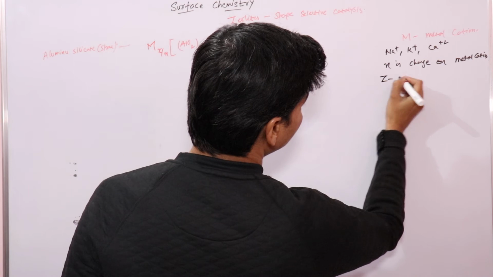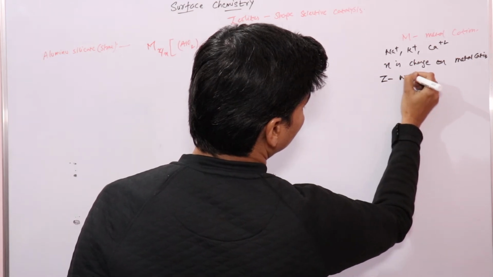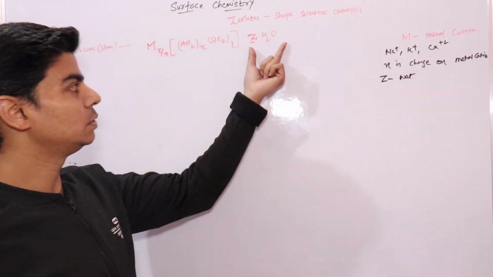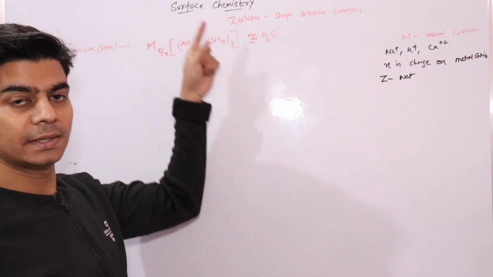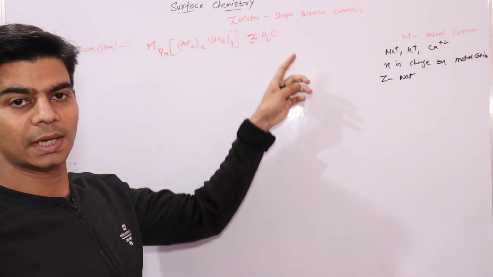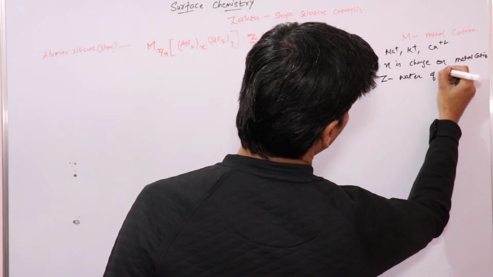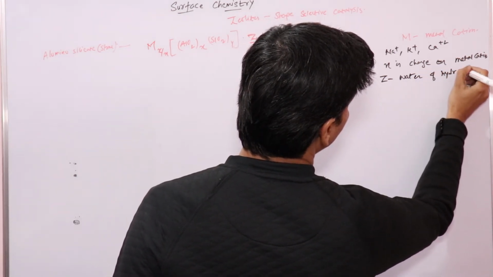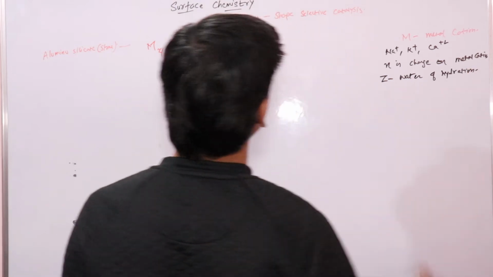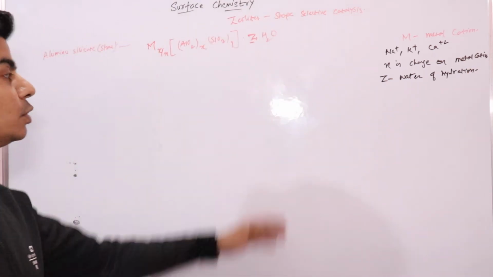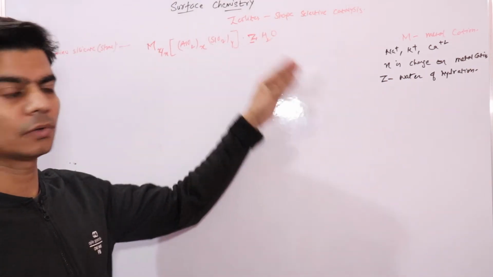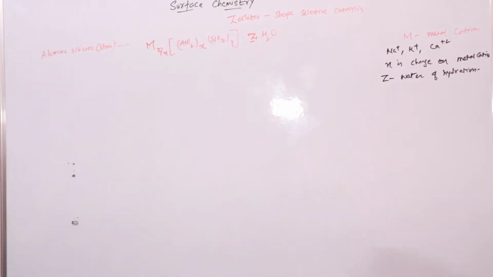Z is the number of water molecules that are associated with this silicate. We call this water the water of hydration.